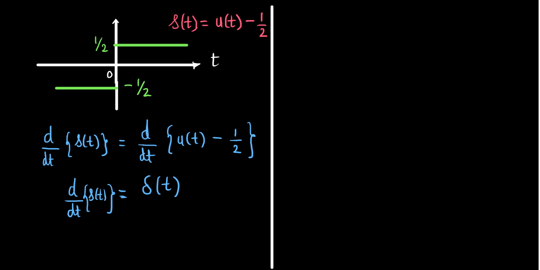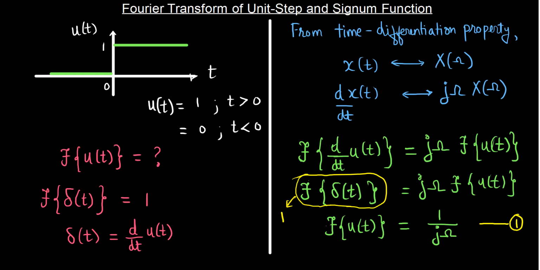Now let's try to apply the same differentiation property of the Fourier transform here. As we have seen in the previous example, if I have a signal whose Fourier transform is X of omega, and I take the derivative of that signal, then the Fourier transform would be j omega times the Fourier transform of the original signal.